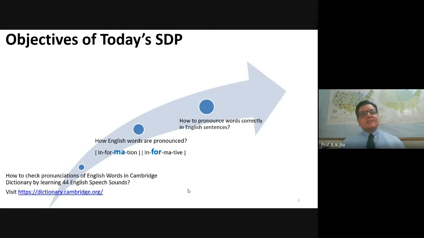Number 1 is vocabulary. Number 2 is structure, or what you call grammar, in which you learn how words are combined together to write or to speak a meaningful sentence. And number 3 is pronunciation, which in my view is perhaps the most important component of mastering a language.